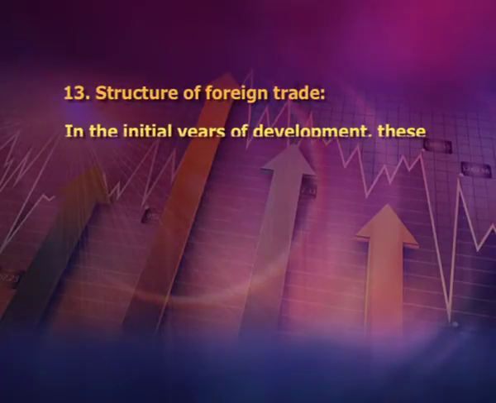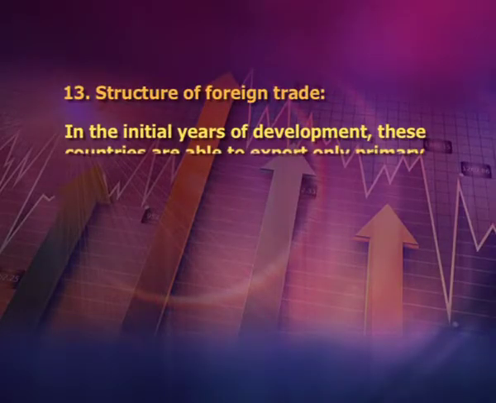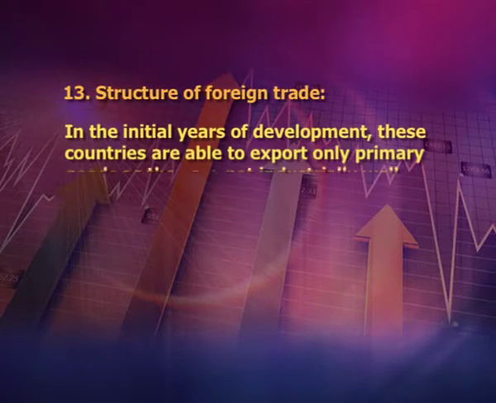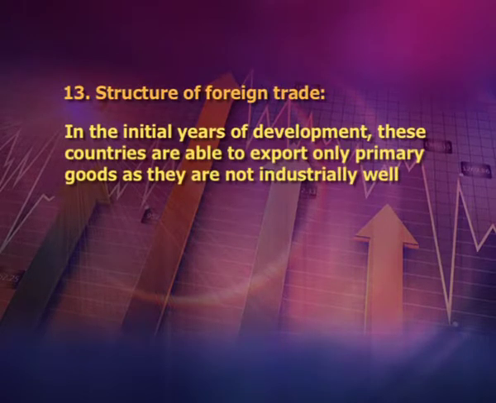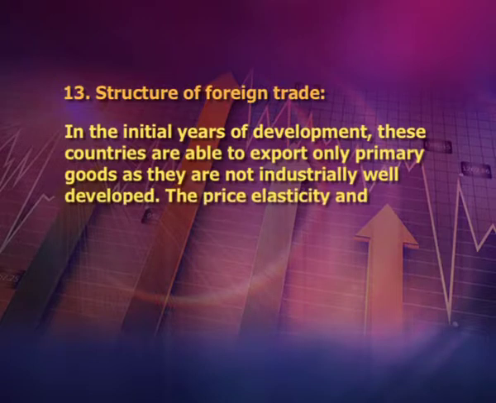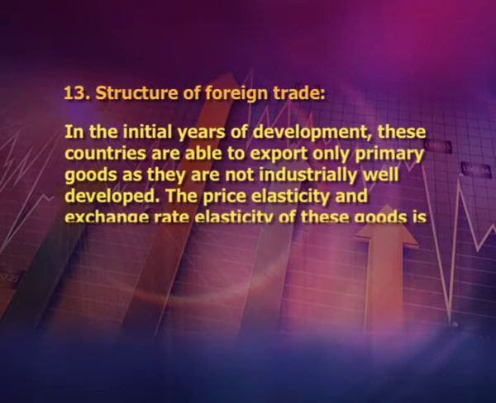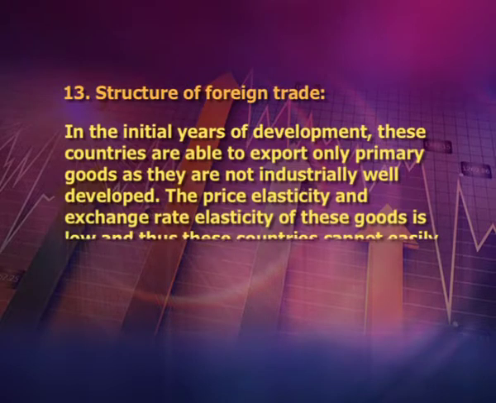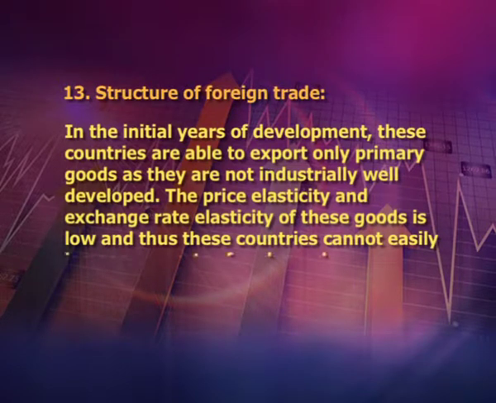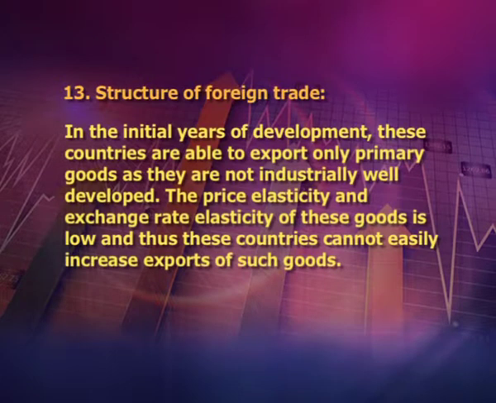In the initial years of development, these countries are able to export only primary goods as they are not industrially well developed. The price elasticity and exchange rate elasticity of these goods, that is, the agricultural goods, tend to be low, and thus these countries cannot easily increase exports of such goods. Besides, owing to high population and lower productivities of factors of production, these countries have lesser exportable surplus.